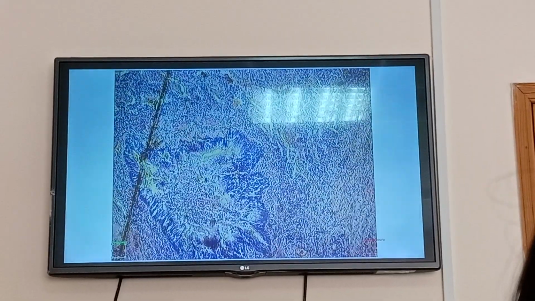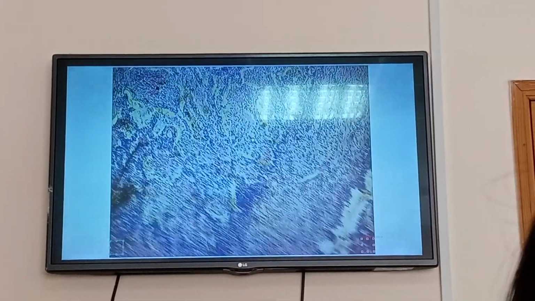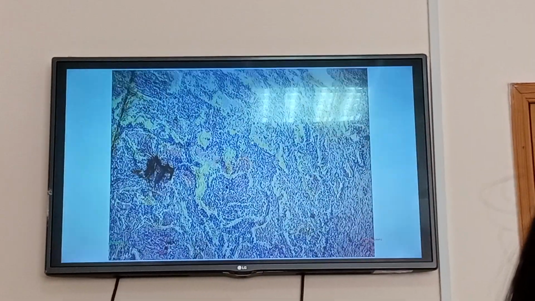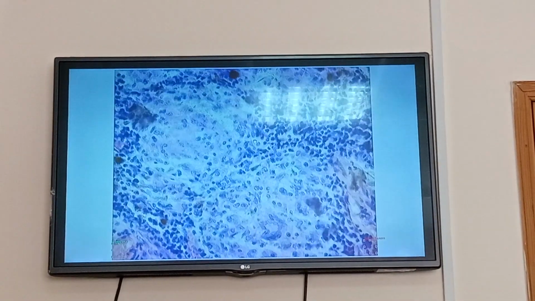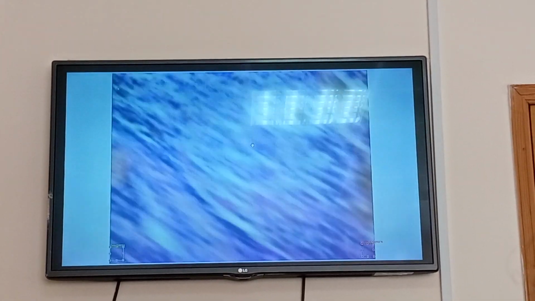In the bronchus, bronchial wall, again with exudate and infiltrated by inflammatory cells. Okay, let's take this one. So what can we find here?